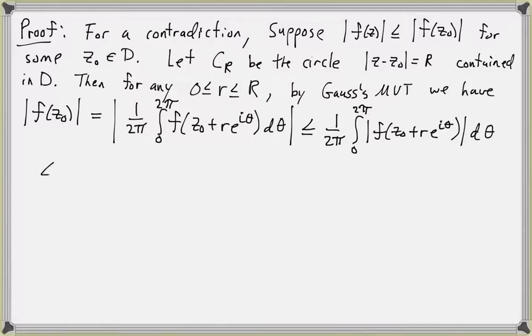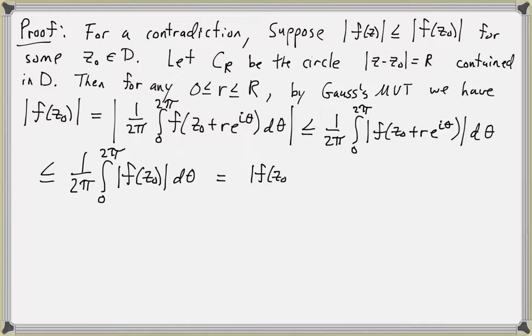So this expression will be less than or equal to 1 over 2 pi, integral from 0 to 2 pi, absolute value of f of z0 d theta, and I can pull the absolute value of f of z0 outside as a constant, and we get the integral from 0 to 2 pi d theta, which equals 2 pi, and so the 2 pi's cancel, and that just equals the absolute value of f of z0.